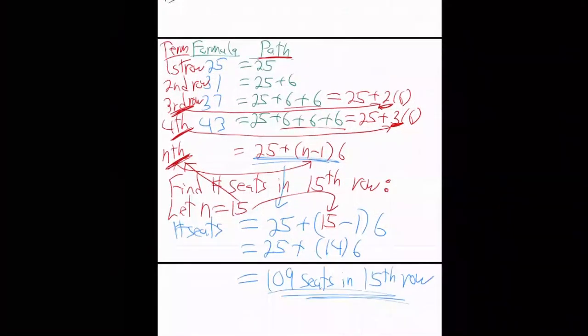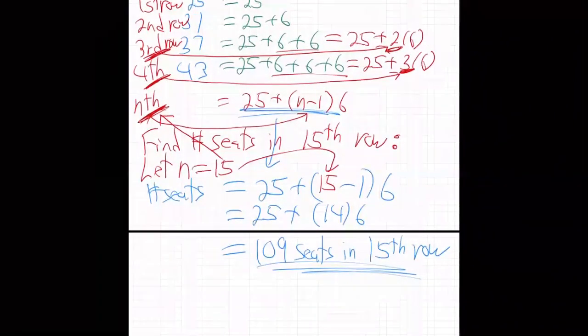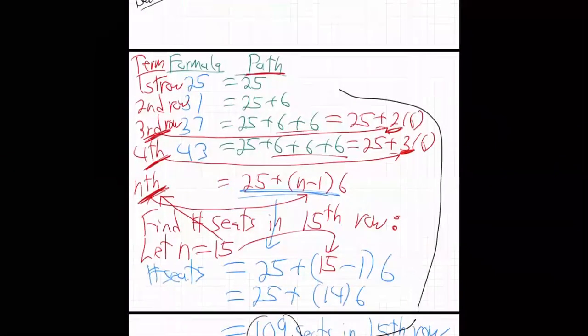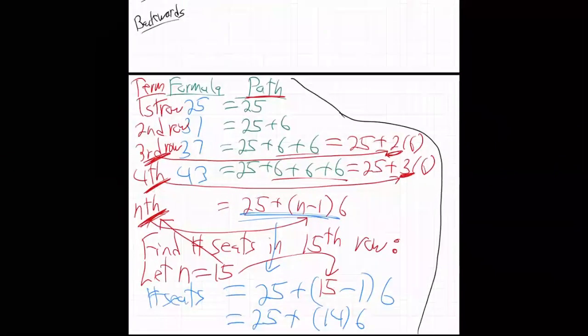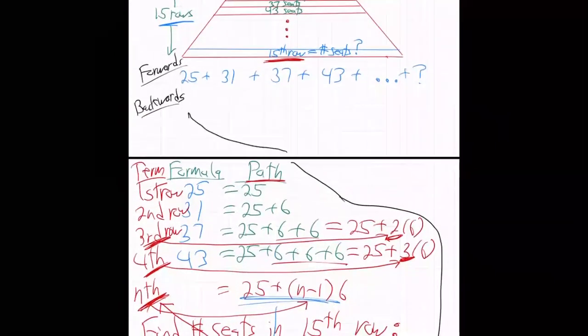So now we can take that number. Are we good there? 109 seats in the 15th row. Let's take it back. Take that number and travel on back up here. All the way back. Oops.